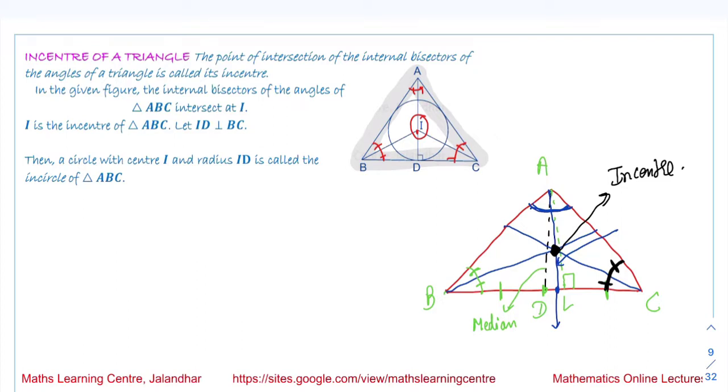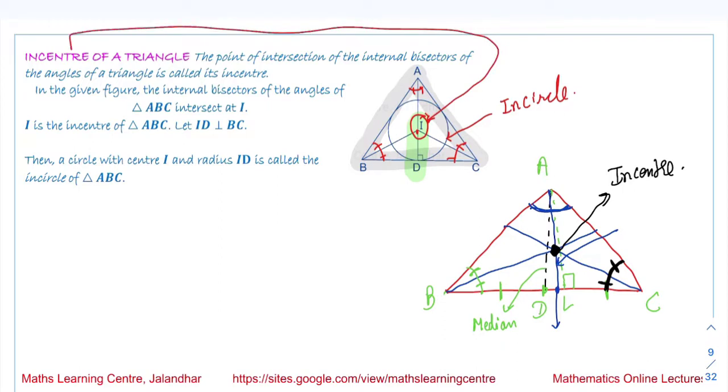If we draw a circle with center I and radius ID, this is our length ID, that will be a circle inside this triangle and it will touch the sides of the triangle. This circle is called the incircle. This point I is called the incenter because it is the center of the incircle.